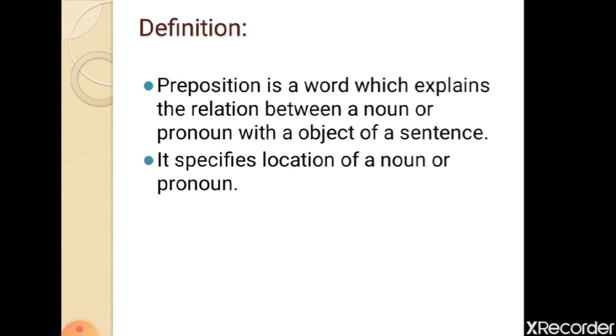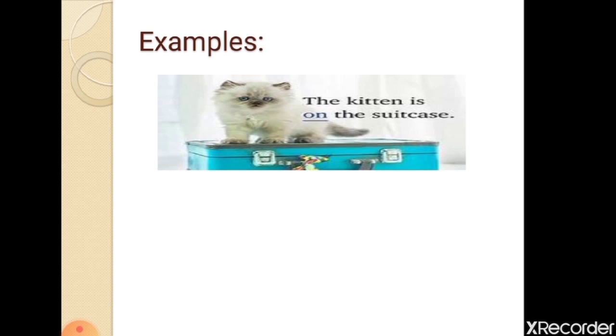Let's understand them with examples. The first example is: the kitten is on the suitcase. So, the kitten is the suitcase. If we are not using on, we are not able to get the relationship between the kitten and the suitcase.